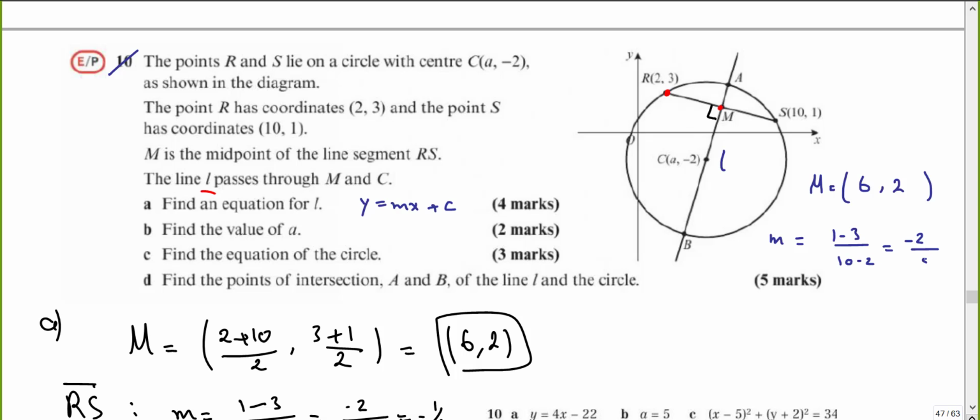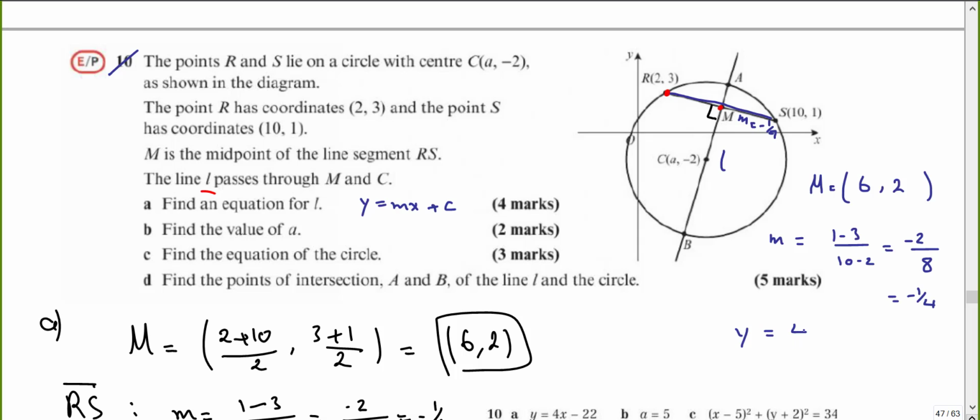That's minus 2 over 8, that's negative 1 over 4. This means the gradient of L will be, you flip this one, because we found the gradient of RS, and this line and the line L are perpendicular. So you flip the gradient and you change the sign.